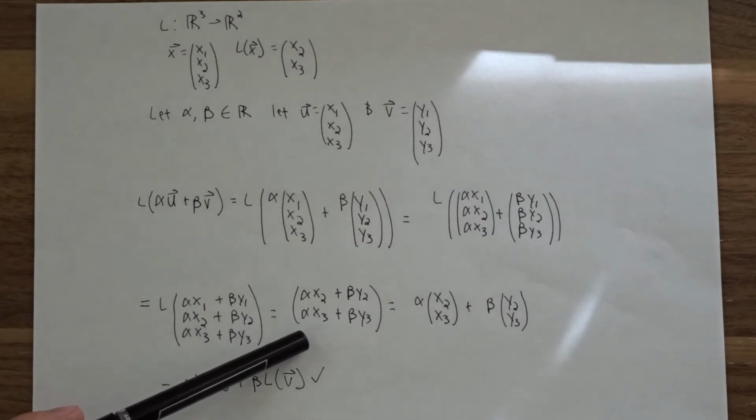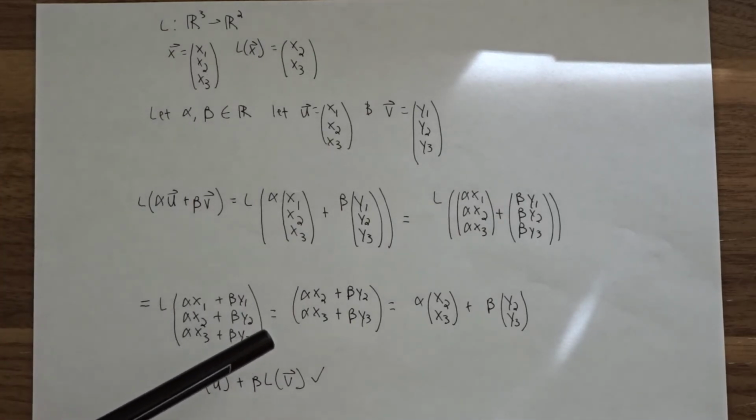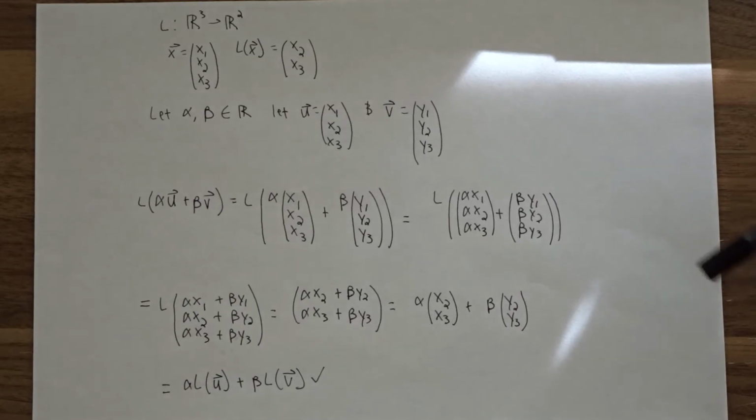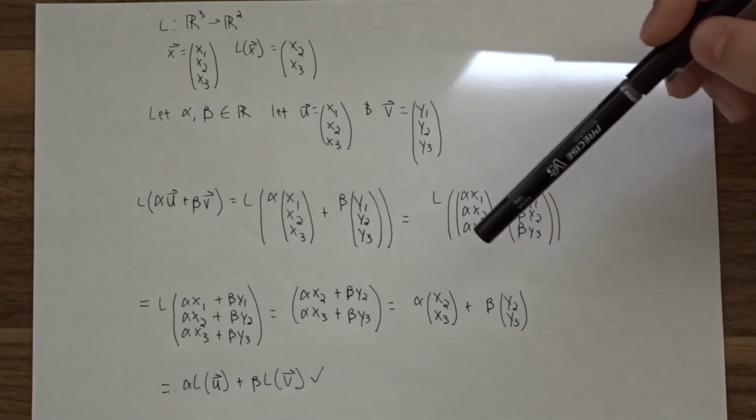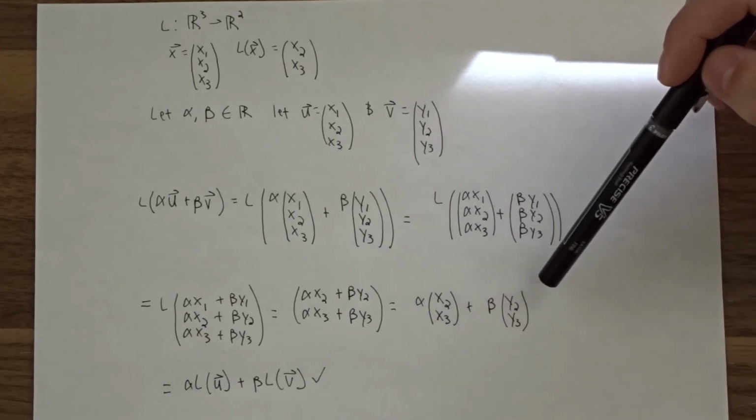Like we said earlier, all we did is drop the x1 term. So now we have alpha x2 plus beta y2 and alpha x3 plus beta y3. And we can pull out the alpha and beta, which gives us alpha times x2 and x3 plus beta times y2 and y3.